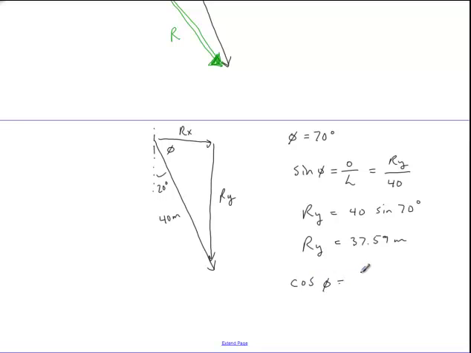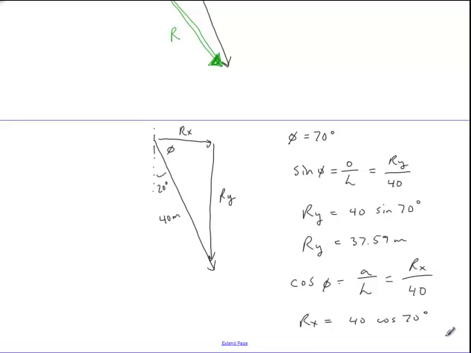Cos theta equals adjacent over hypotenuse. Adjacent is Rx over hypotenuse, which is 40. And again, theta is 70 degrees. So we can rearrange that to write Rx equals 40 times cos of 70 degrees.